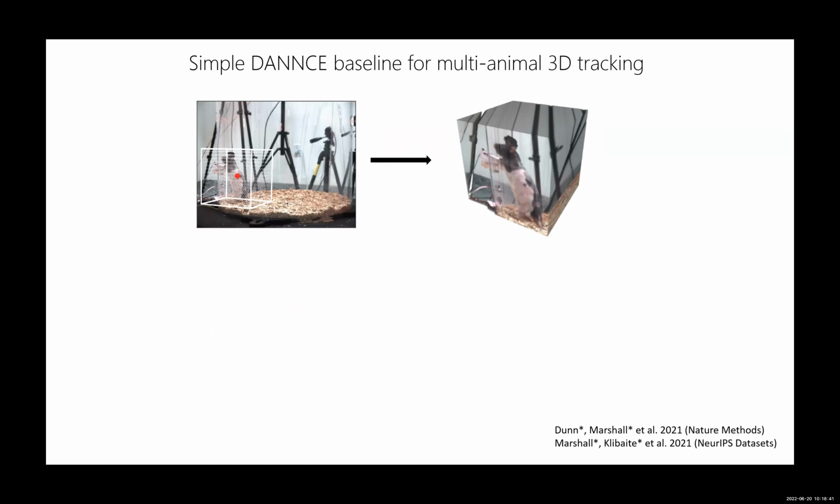So what we did in order to do social tracking using this DANCE network, this volumetric representation of these images, is that one thing we do for that DANCE model is that we essentially create a 3D bounding box in space into which that volumetric representation is embedded.